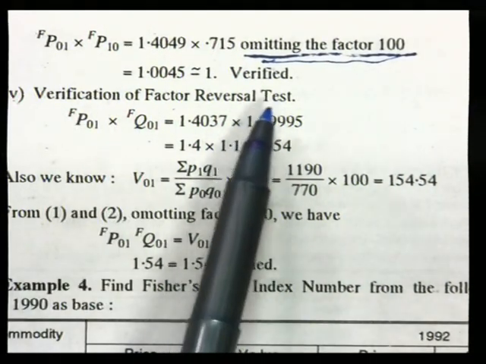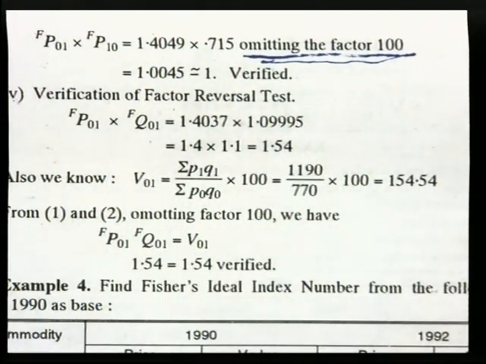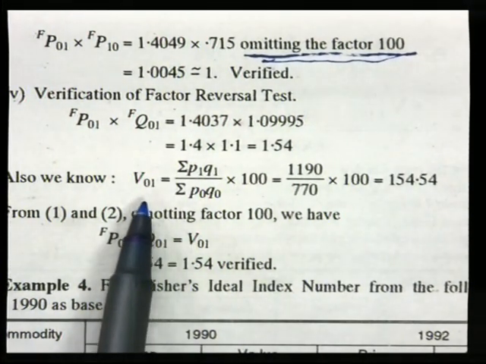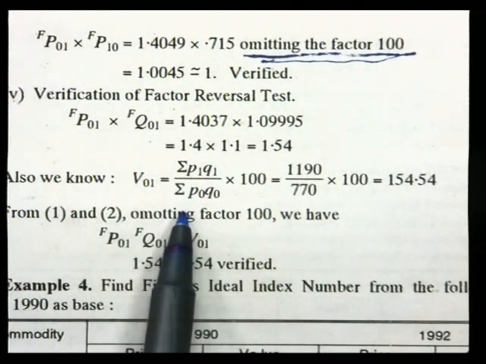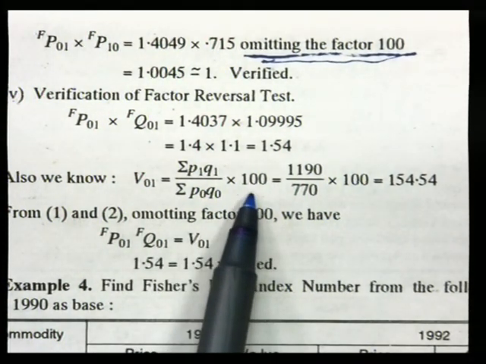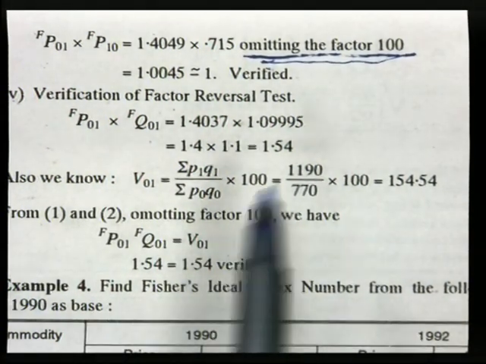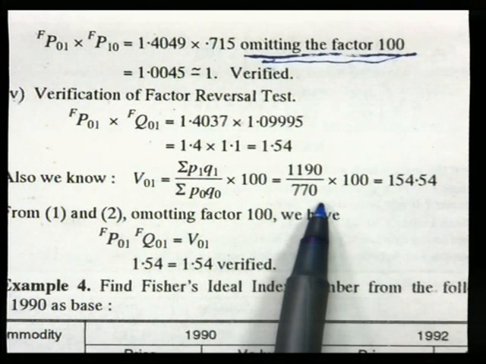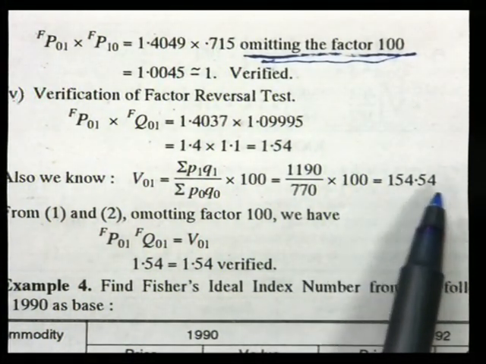Now in the factor reversal test we have to take this answer equal to IV, where IV is the value index, that is V01 equals sigma P1 Q1 divided by sigma P0 Q0 into 100. Both figures are available in the data, which is 1190 upon 770. Multiply it by 100, so it is 154.54.